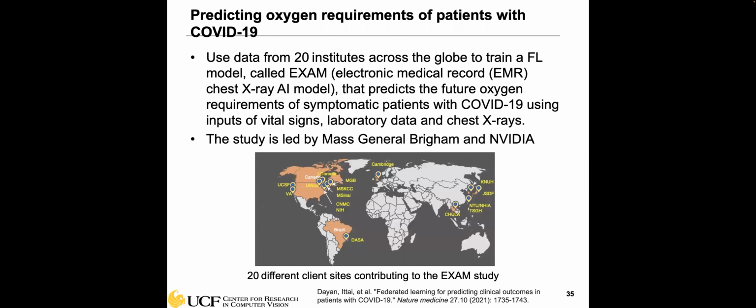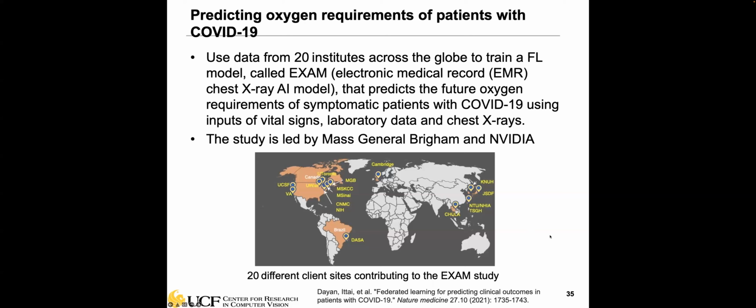Let's look at a couple of cases of how federated learning is used for medical imaging. The first case is a team of researchers using federated learning to train a model to predict the oxygen requirement of patients with COVID-19. The study is led by Mass General and NVIDIA.